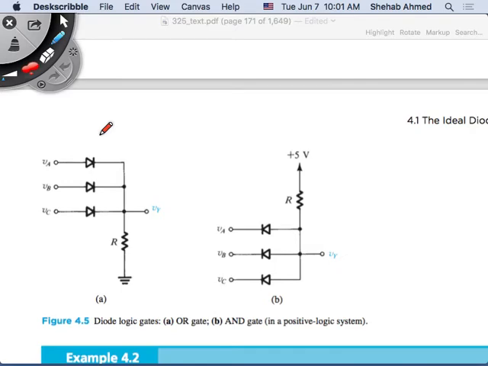From a digital logic perspective, digital systems only understand 1s and 0s. 1s and 0s are not 1 volt and 0 volts. It's actually one voltage level and another voltage level.